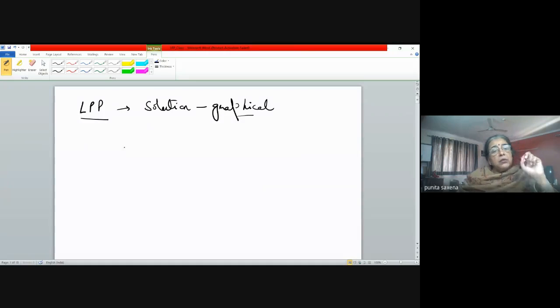Now, before we begin, there are a few terms that we need to understand in a linear programming problem and that we need to identify before we start formulating a problem and then solving it further, right? So the very first thing that we need to identify in our problem are what are called the decision variables.